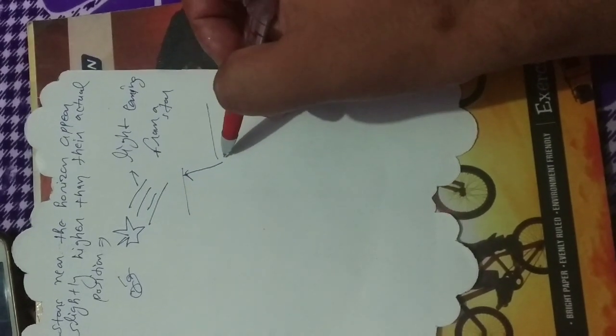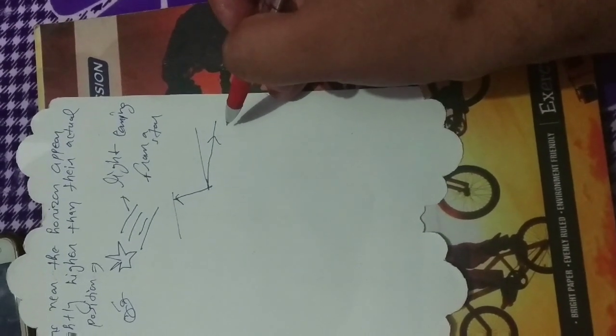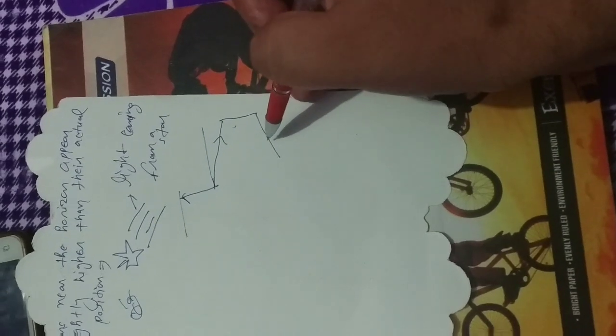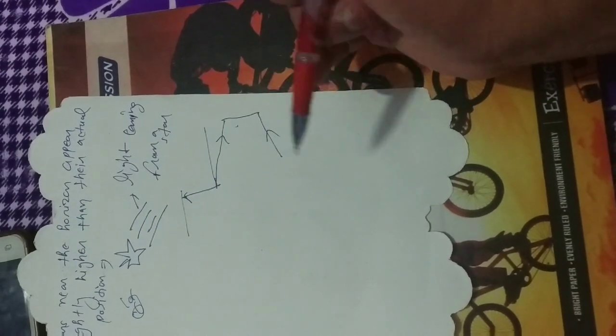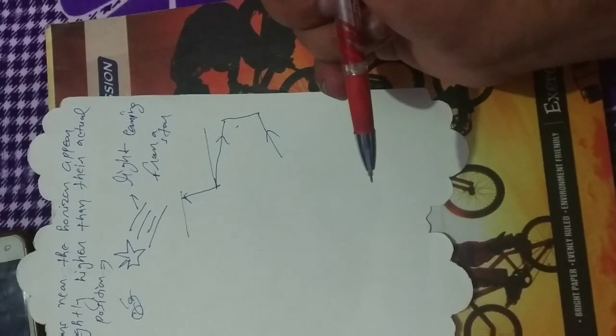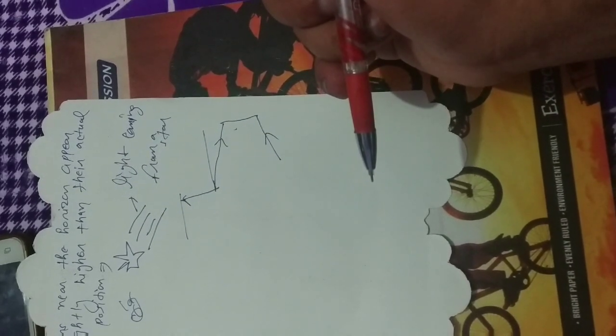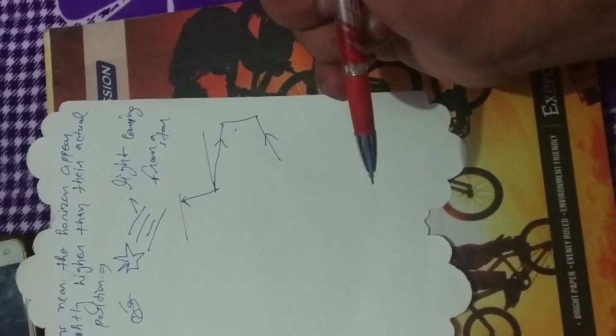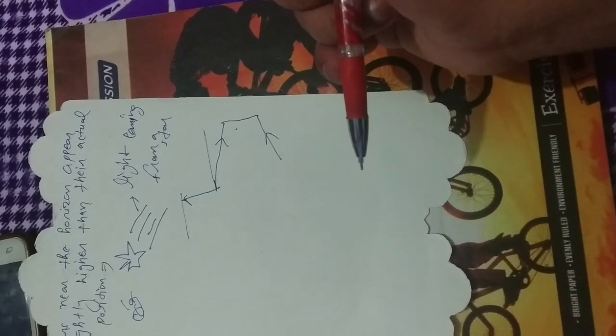Suppose the light first passes in a straight line, then it bends in the denser medium, and it appears as straight in the rarer medium and then bent in the denser medium. So as a result, the star appears higher.